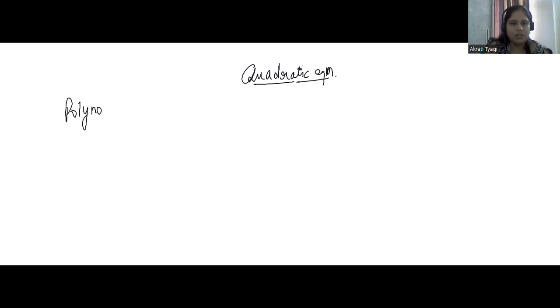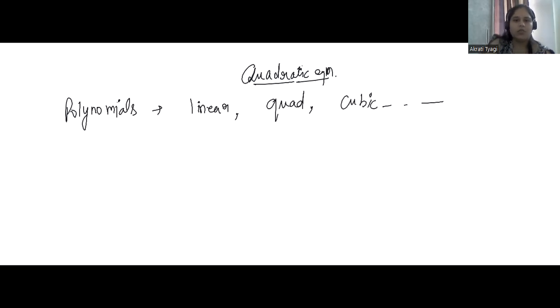linear polynomial and quadratic polynomial and cubic polynomial and so on. So linear polynomial, for example, x plus y, z and so on, means the highest degree of the polynomial is 1.